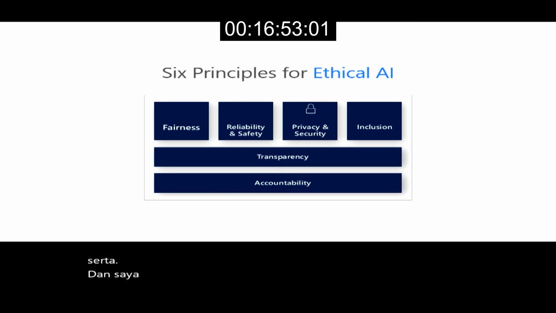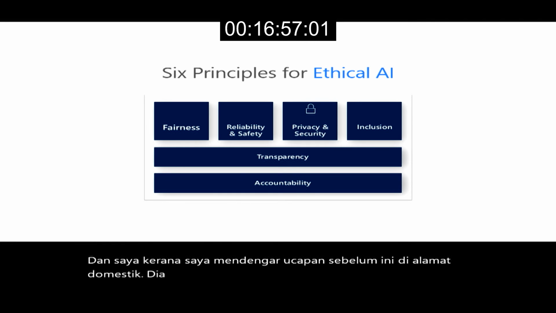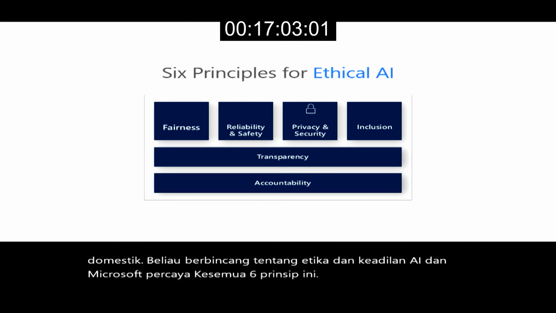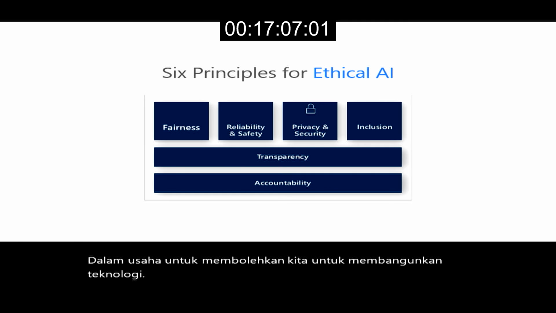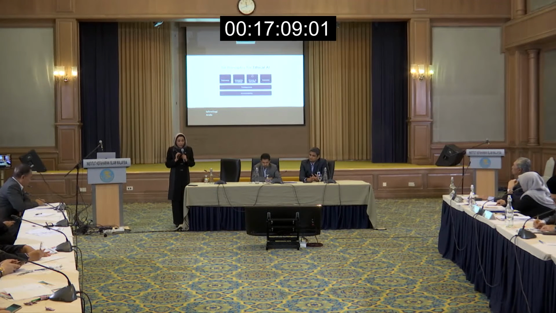And as I was listening to Ton's speech earlier on his thematic address, he talked about AI and ethics and fairness. And Microsoft believes in these 6 principles in order for us to be able to develop technology in a responsible way. And we have walked away from military deals when we are asked to do AI for military, and we've said no because it does not comply with the principles.